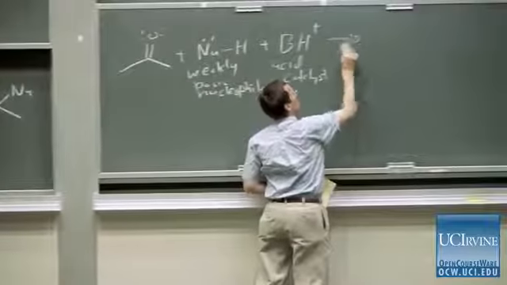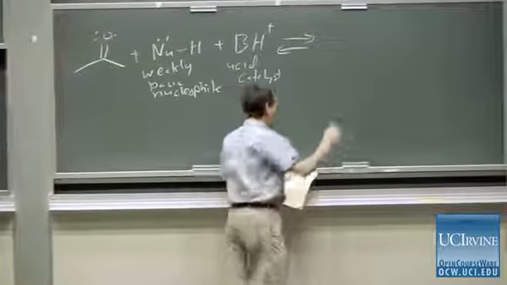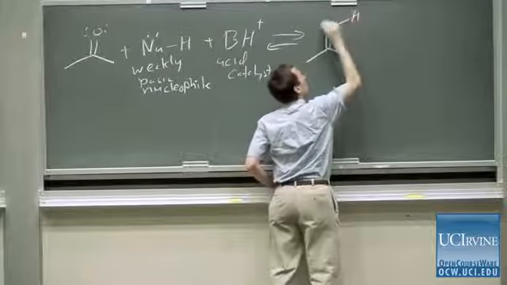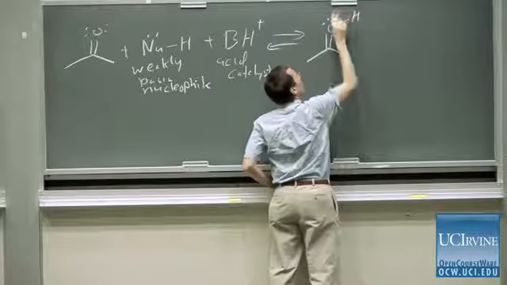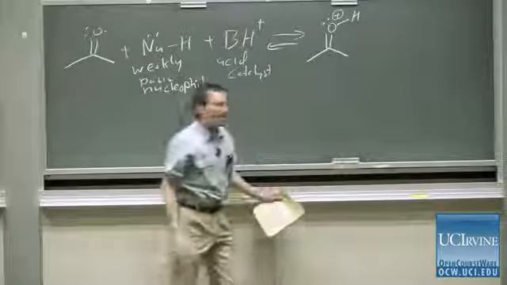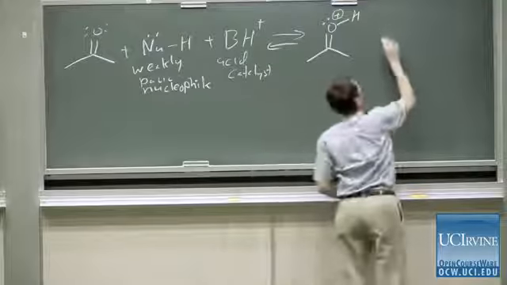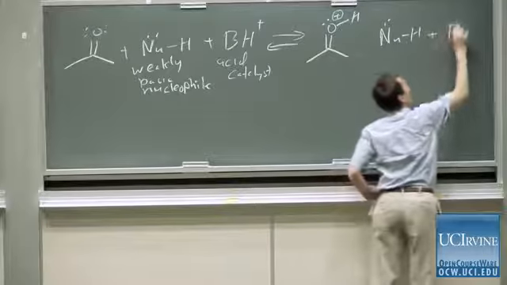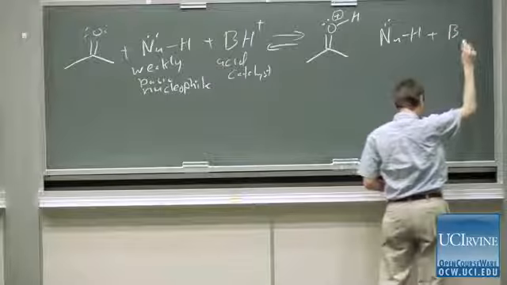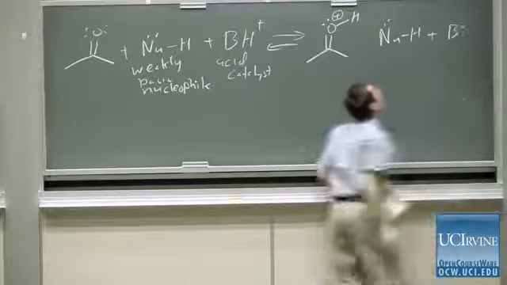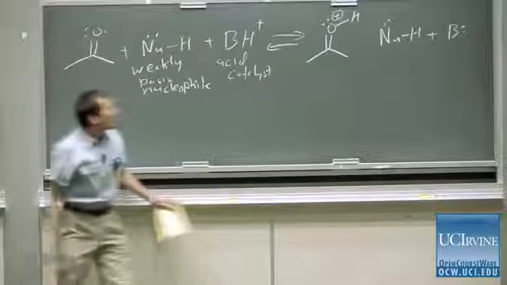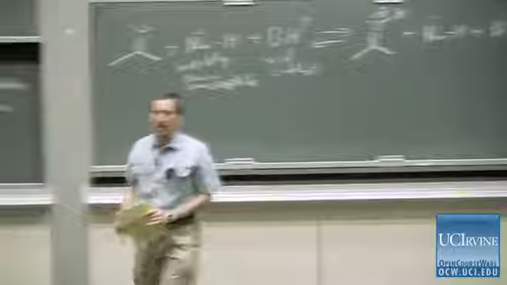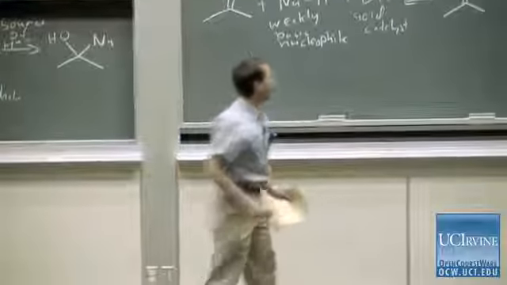And so I'll write this as an equilibrium where now you protonate the carbonyl. And of course, you still have your nucleophile H with its lone pair. And now you have your base, your conjugate base. All right, at this point, now your carbonyl is a lot more electrophilic.